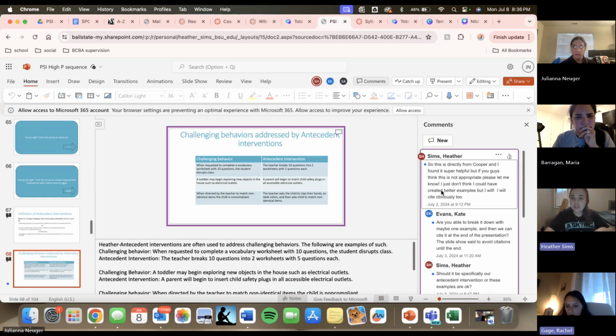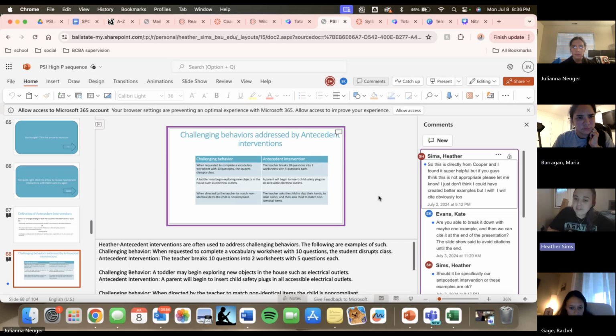And then, okay, were you able to get answers on this directly from Cooper? And I found it. Heather, were you able to make edits on Kate's suggestion on this of the examples?